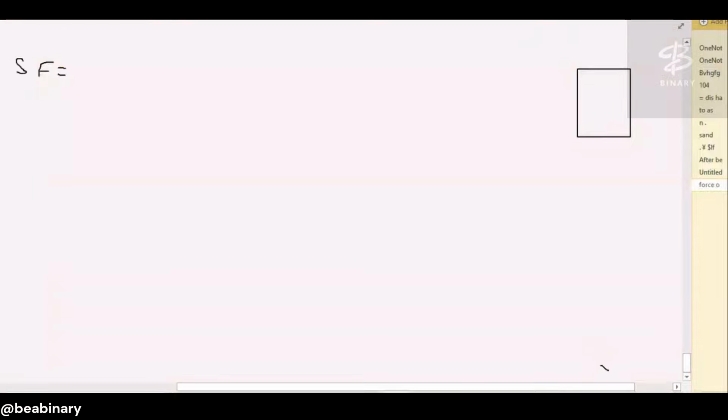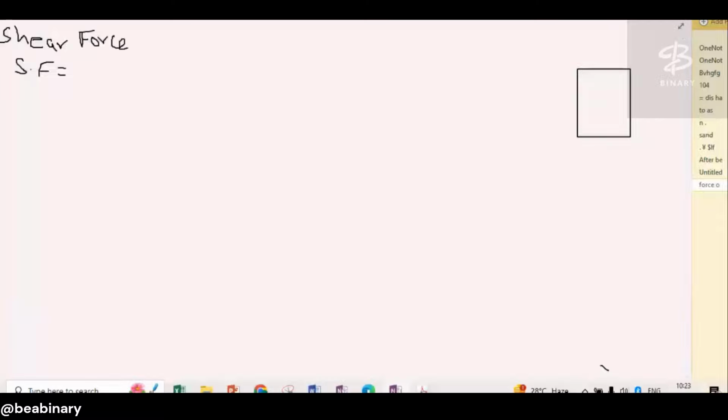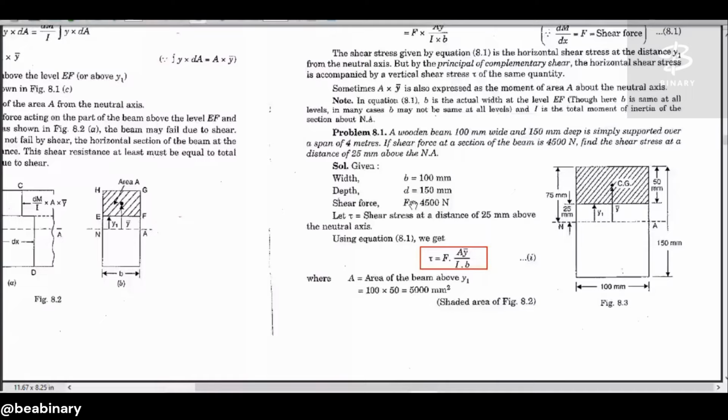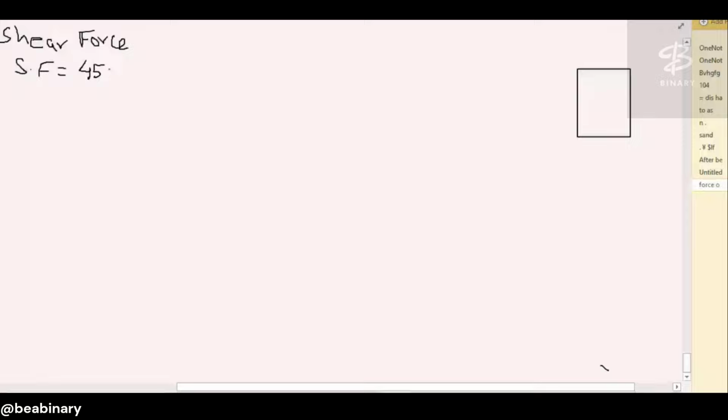This is SF, shear force. ठीक है. What is the value of shear force given in the question? It is given as 4500 Newton.